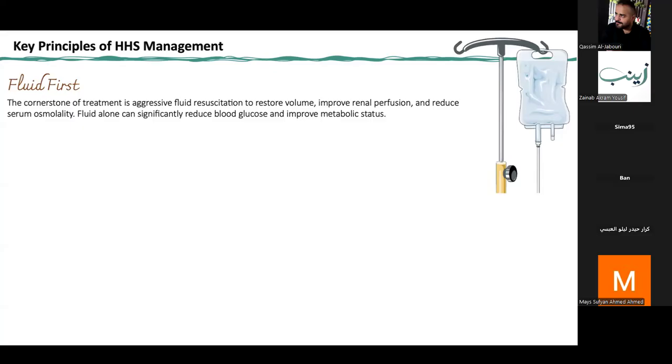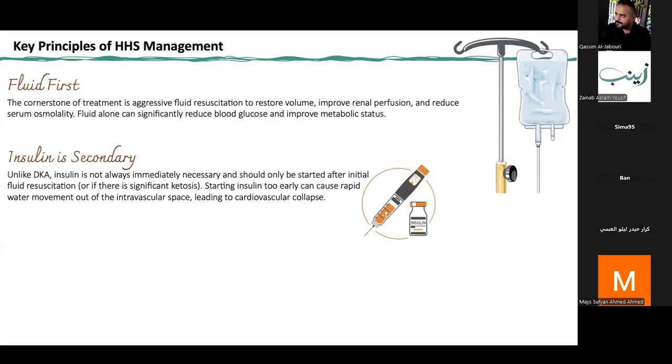So the cornerstone here is to resuscitate with fluid to restore the intravascular volume, improve renal perfusion, and improve osmolality, which would subsequently improve the rest of the parameters. Insulin here is not a primary approach in the management. It should be a secondary one, when your initial fluid approach fails to improve osmolality or reduce blood sugars.